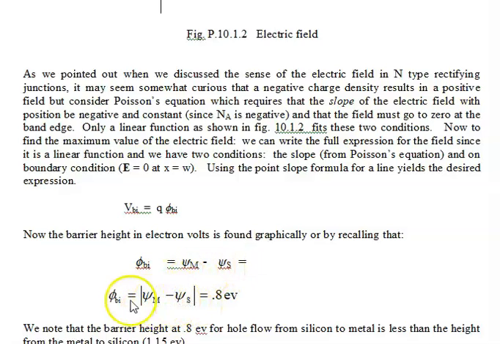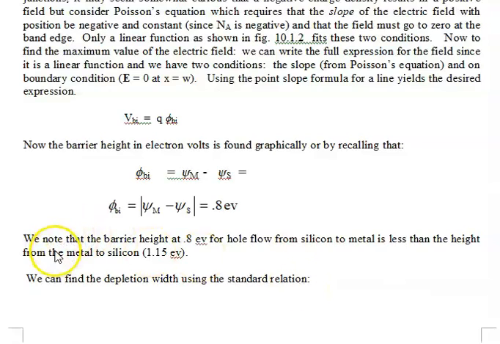So the difference, absolute value, is 0.8 eV. So that's the barrier height for holes from silicon to metal, and it always is less than the fixed barrier height for flow from metal to silicon.